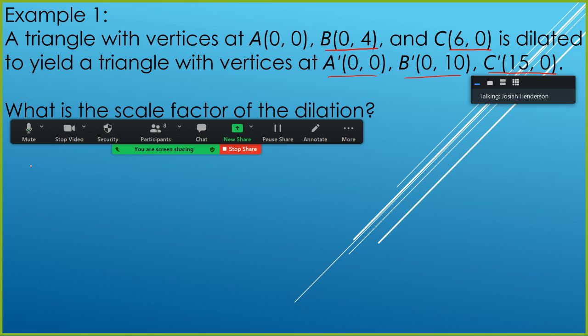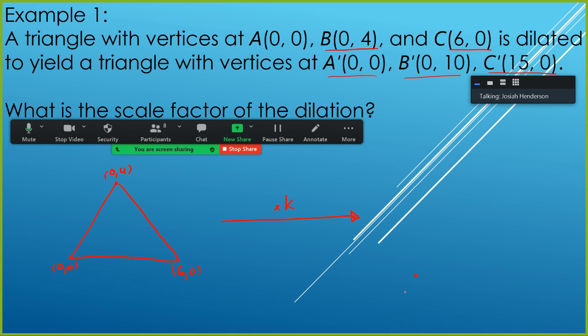So how can we find scale factor if we're only dealing with the points? The good news for us is that the formula for the side lengths works with the coordinates or the points as well. So for example, if I wanted to take the original ABC, A at 0, 0, B is at 0, 4, and C is at 6, 0, and we're going to multiply that by the scale factor that we don't know yet and get our newer one, here are its points.